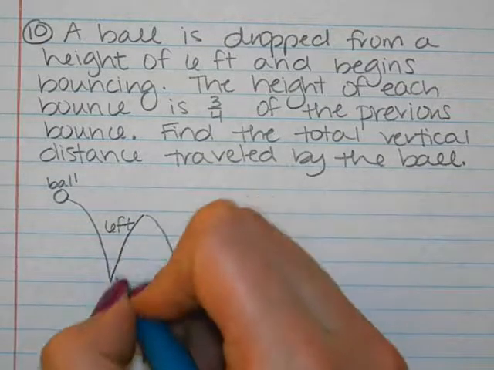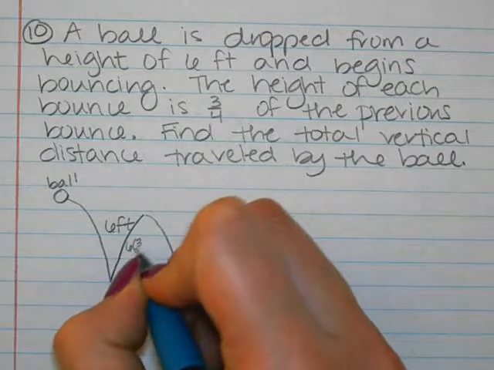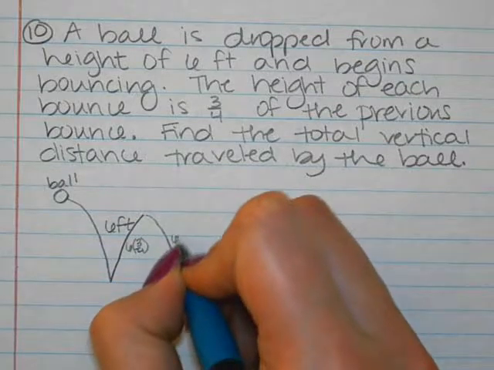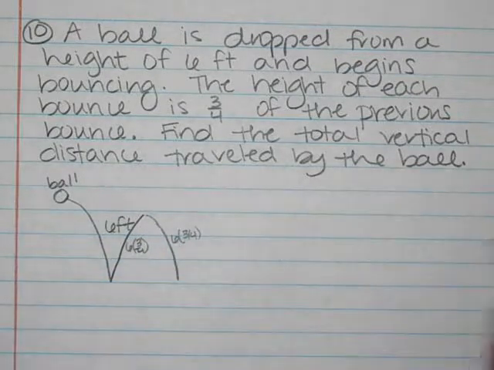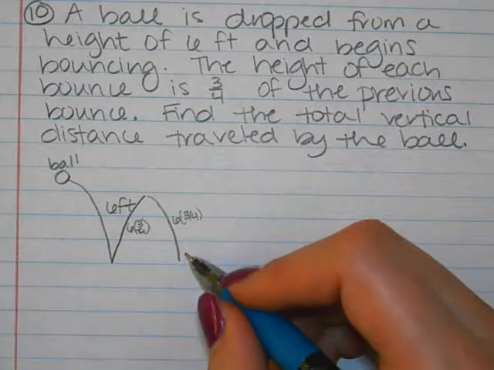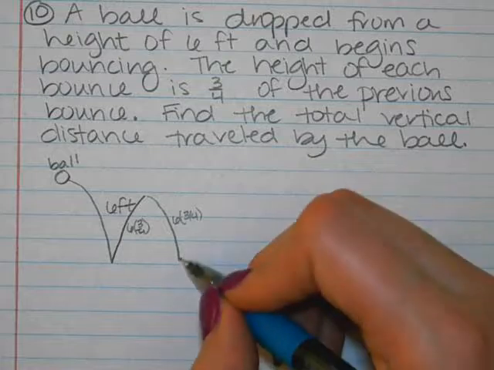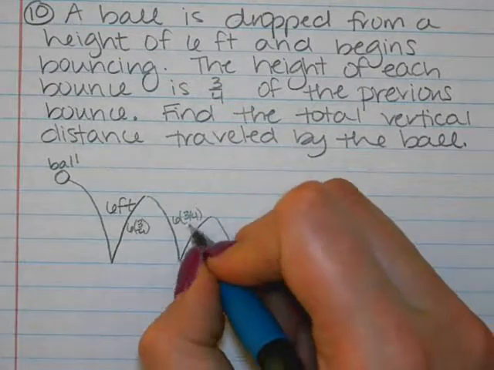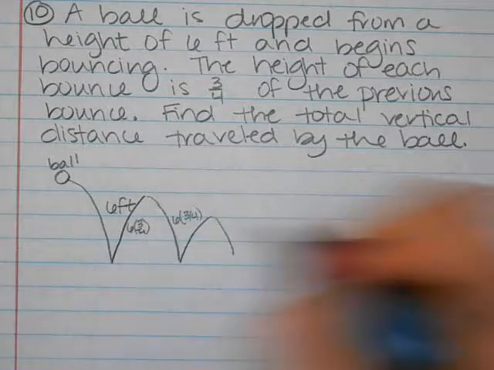So this height right here is whatever you get when you do 6 times 3/4. And this height right here is also 6 times 3/4. Then you have to do 6 times 3/4 times 3/4. It bounces again, and this time the height is whatever that was times 3/4 again.